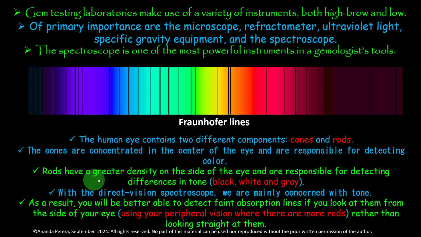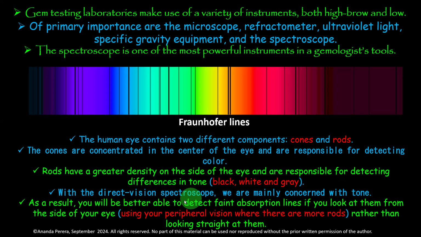Rods have a greater density on the side of the eye and are responsible for detecting differences in tone: black, white, and gray. Remember, rods can identify black, white, and gray, and the differences in them. Cones can identify the other colors, RGB colors. You can find another biological lesson later.